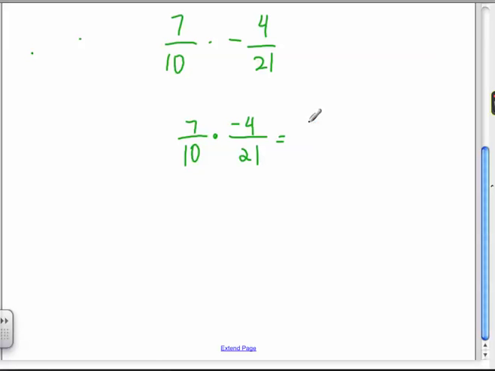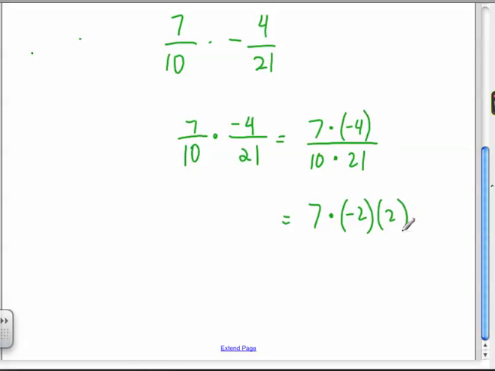I can just say that this is 7 times negative 4 all over 10 times 21. Is that true? Okay. Do you agree that I can rewrite this as 7 times negative 2 times 2? Right? Because that's what the negative 4 is. All over 2 times 5 times 3 times 7. Do you agree with that?